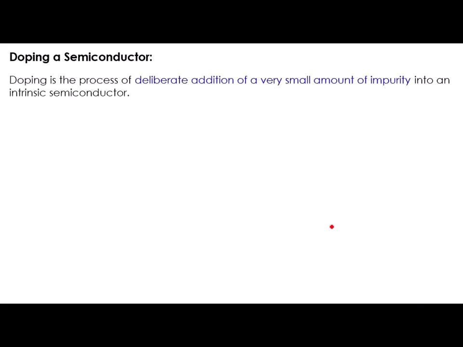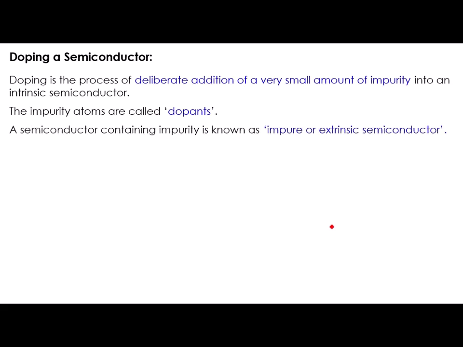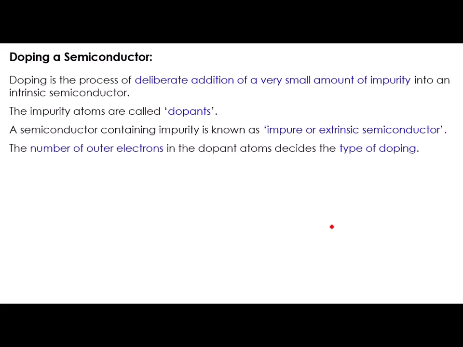Doping is a process in which we deliberately add a very small amount of impurity into an intrinsic semiconductor. These impurity atoms are called dopants, and the semiconductor containing the impurity is called an impure semiconductor or extrinsic semiconductor. We will go into detail about these extrinsic semiconductors later.